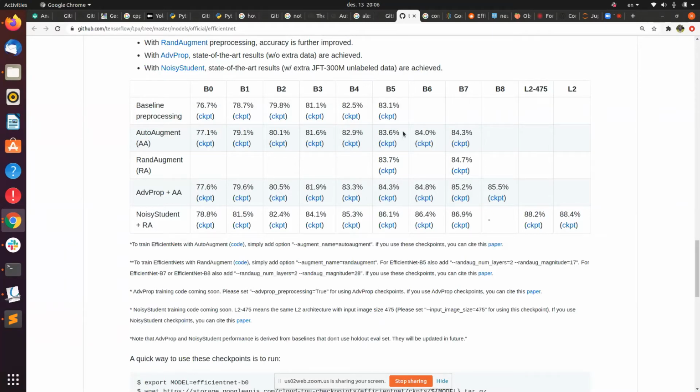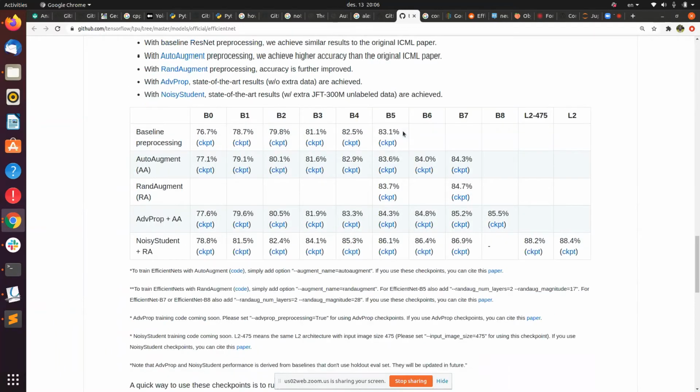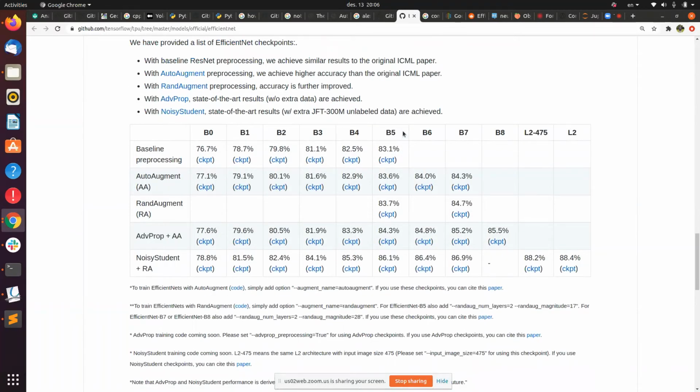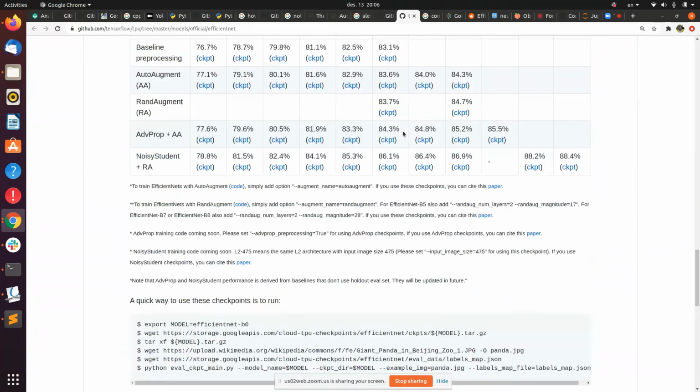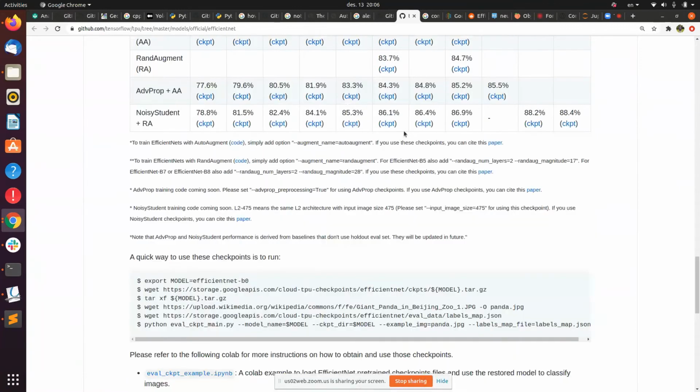I think it is a good place to look at for improving the accuracy, and a good reference to know everything from the EfficientNet point of view.